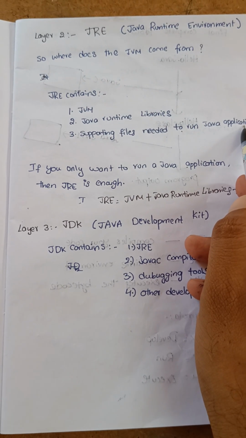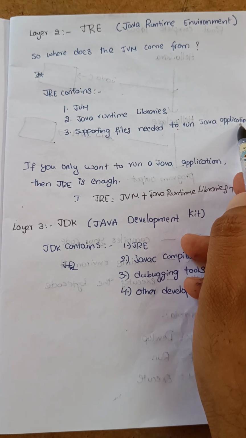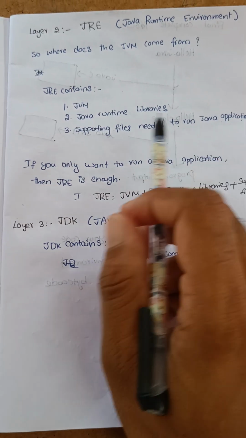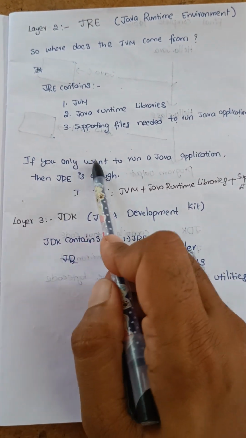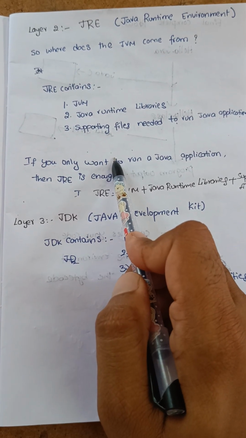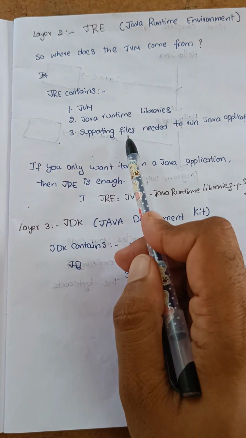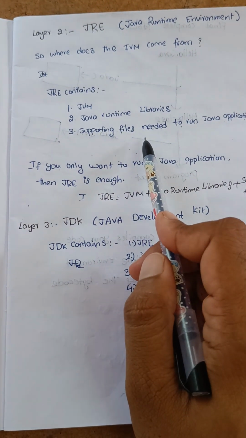JRE is the one that provides everything the JVM needs to run a Java application. If you want to only run the Java application, then JRE is enough. If you want to write the code and compile it, then JRE is not enough.